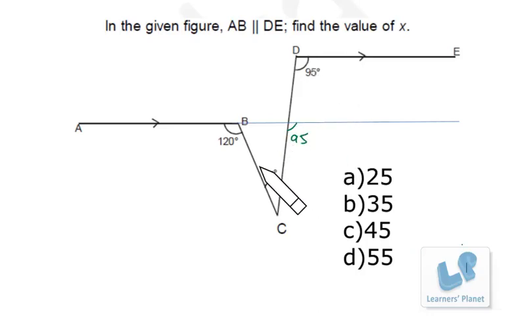Both of them will be equal because corresponding angles are equal, right? Since line AB is parallel to line DE, this angle and this angle are corresponding angles, so they will be equal. So if this is 95, this has to be 85 degrees because this is a linear pair, to make the complete angle 180 degrees.